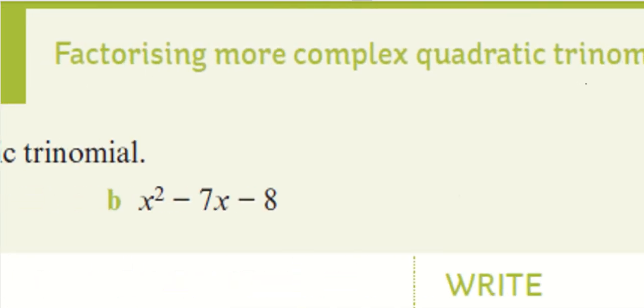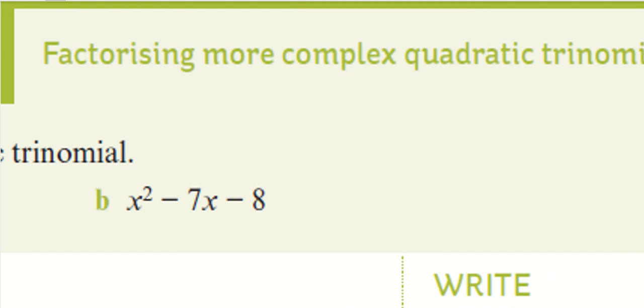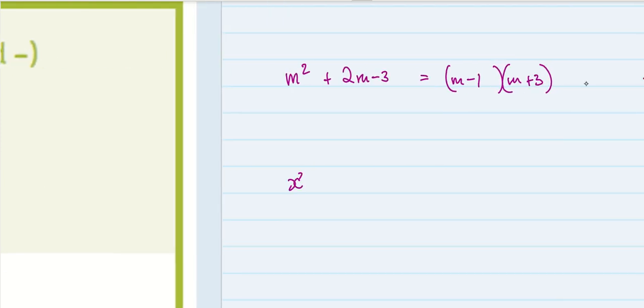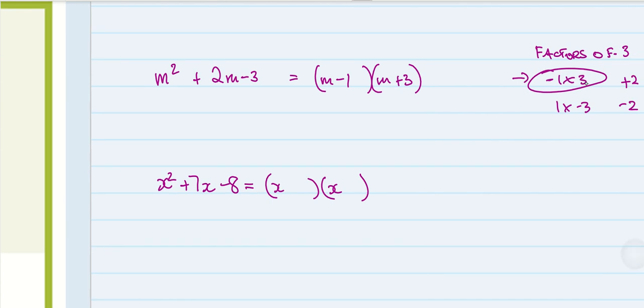Let's have a look at x squared plus 7x take 8. x goes at the front. Now there's going to be a plus and a minus, and we'll work that out soon. So I need to look at the factors of negative 8.